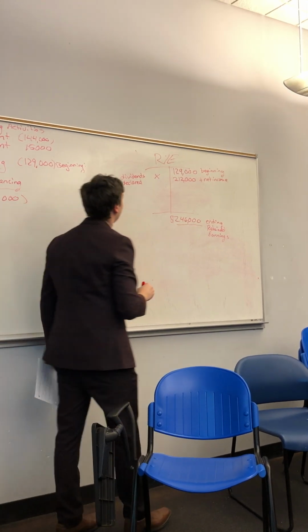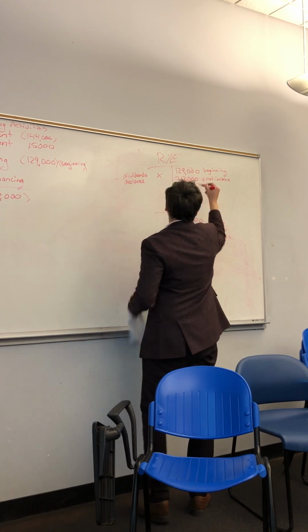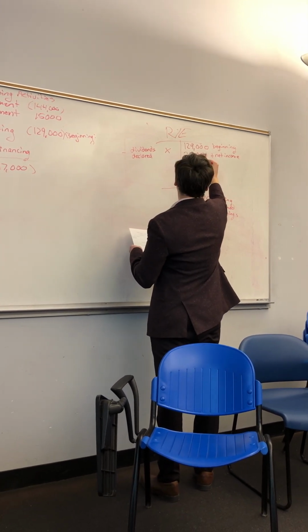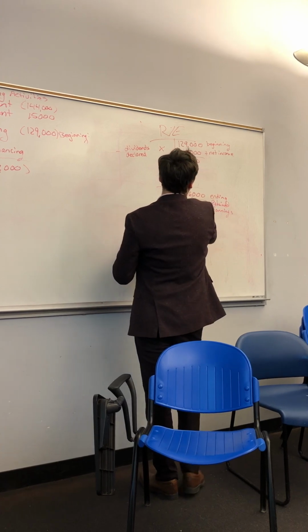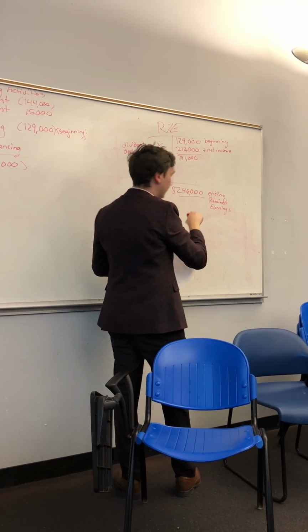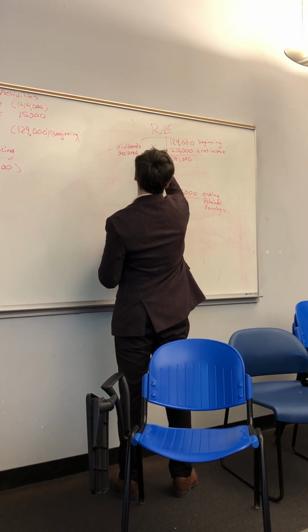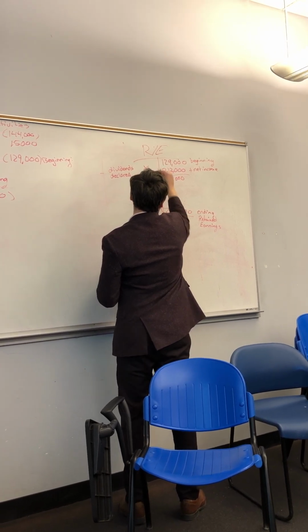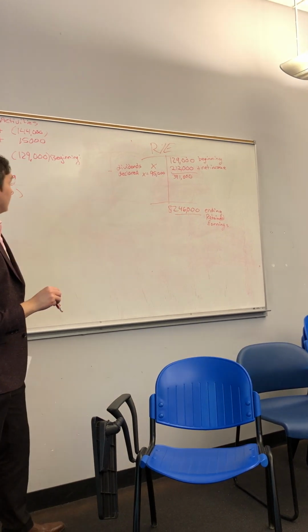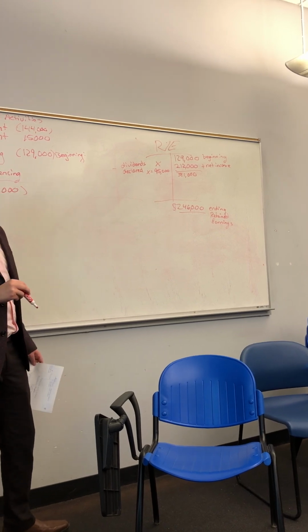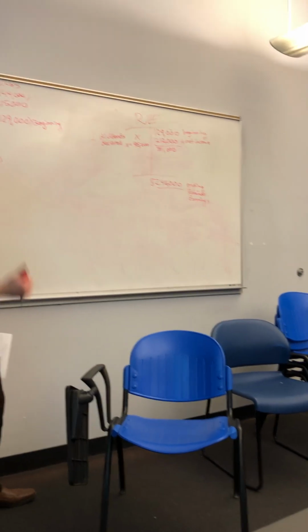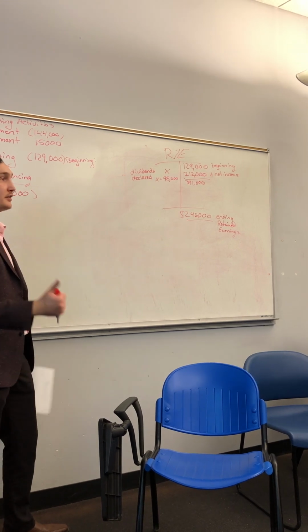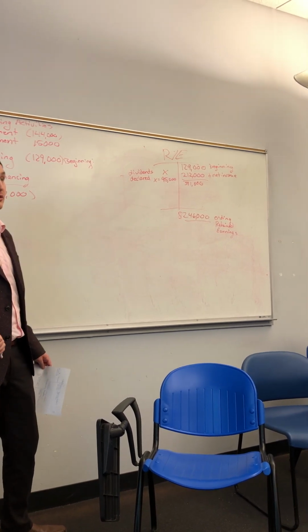So 129 plus 212 gives 341,000, and we want to get to 246. X should equal what? I think 95,000. So now we know what dividends declared is. Unfortunately, we still don't know what dividends we actually paid out.